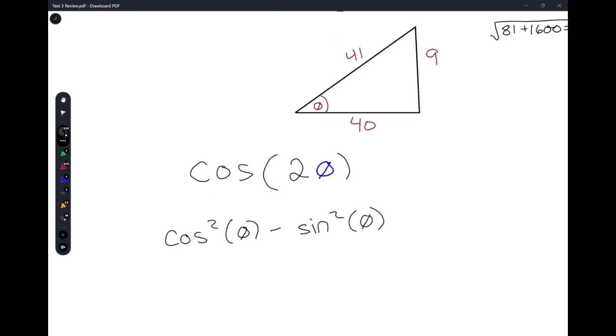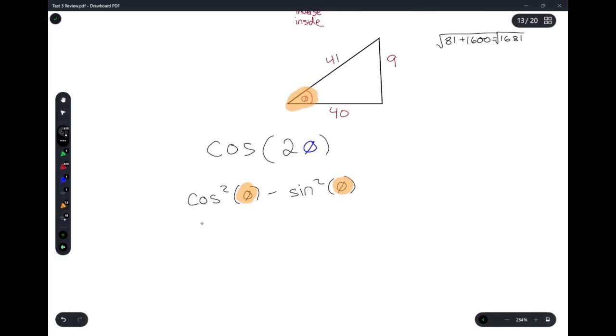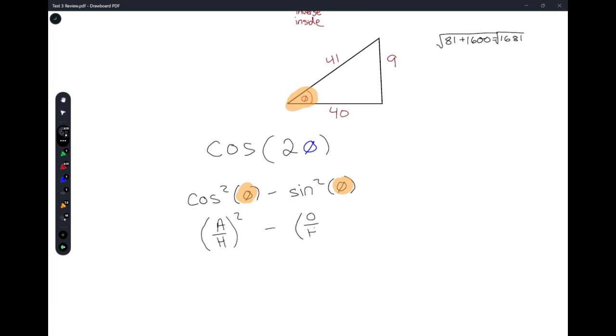What does cosine mean? We've got a triangle now with a theta in it, and we've got a cosine of theta and a sine of theta. What does cosine stand for? Adjacent over hypotenuse squared minus opposite over hypotenuse squared. Pretty cool.